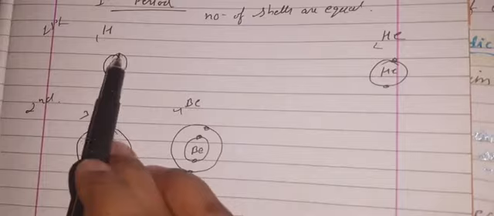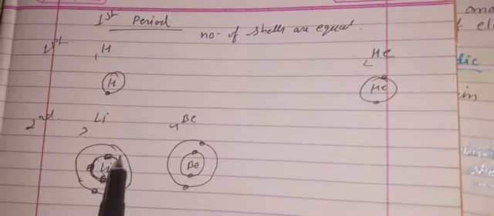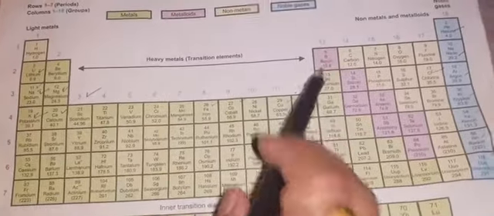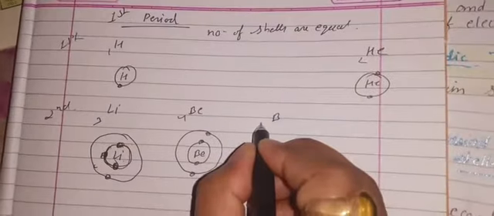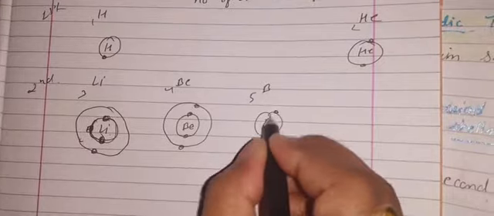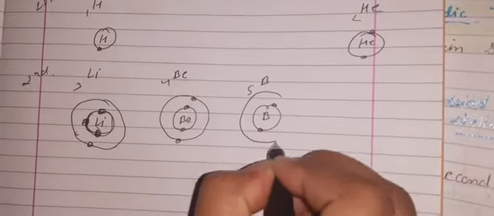In the first period the number of cells is 1, in the second period the number of cells is 2. You can check all the elements. If you write about boron or carbon: the atomic number of boron is 5. So in the first orbit for boron we write 2 electrons and the remaining 3 are in the next orbit.